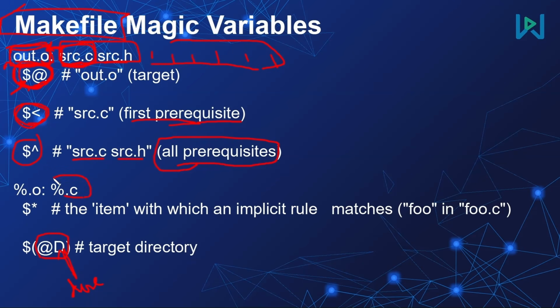Similar here, we can just try to match the input prerequisite to the output target. This is useful mainly when we are trying to compile, or to be more precise, to automate the compilation of the different embedded system sources. So each source will have a matching object file, and this object file will have the same name as the sources.